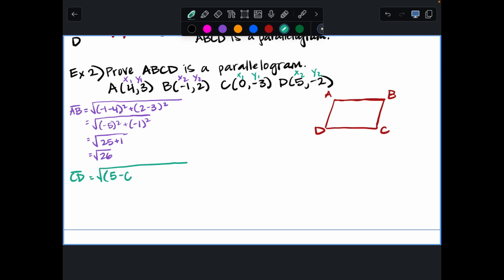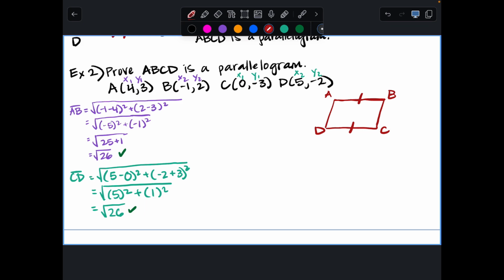Five minus 0 squared plus -2 plus 3, because we're subtracting a negative. So this is 5 squared plus 1 squared, which again is the square root of 26. So we have shown that those two sides are congruent. So I'm going to put my little marks here. We know that AB and CD are congruent.